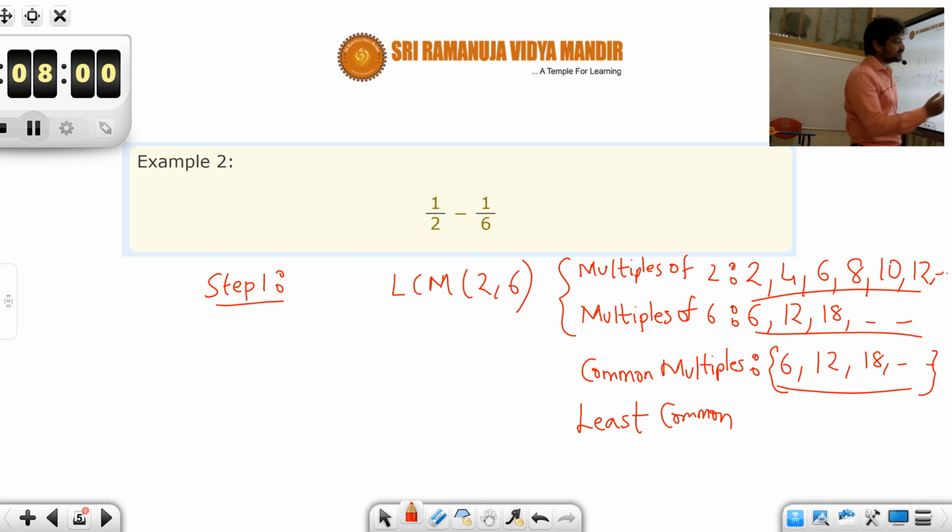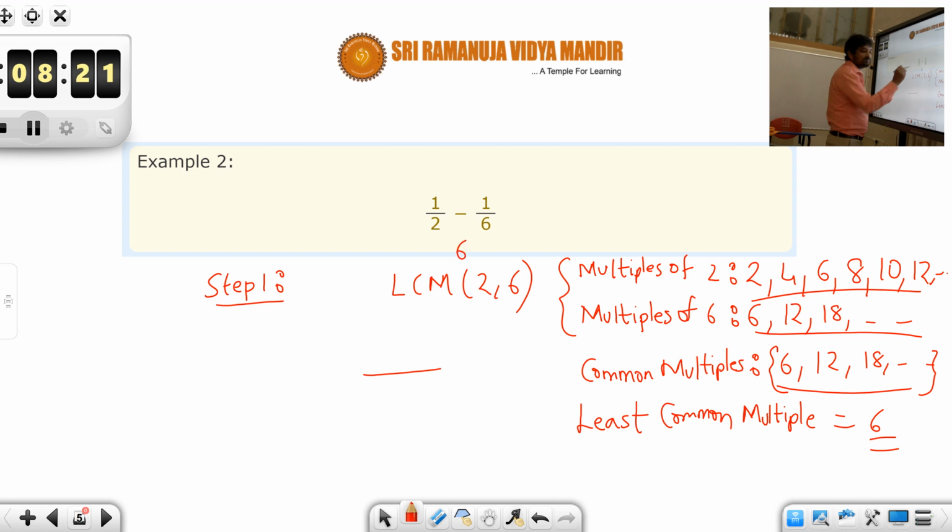Okay students, so now you are done with finding the LCM. Then how to make the denominators the same? Here, for 2, the LCM is 6. So by what factor do you need to multiply 2 to get 6? Obviously, 2 3s are 6.